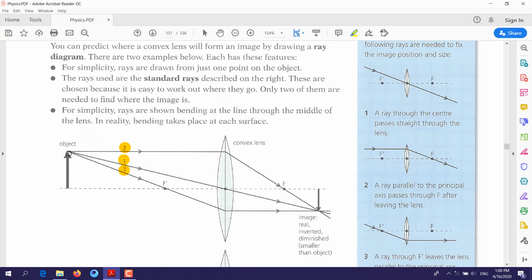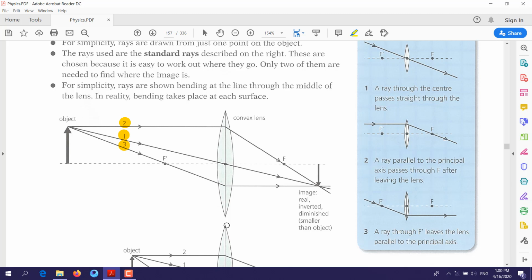You will use a ruler to draw a line from the top of the object. The line must pass through the center point of the lens. Number one, a ray through the center passes straight through the lens.